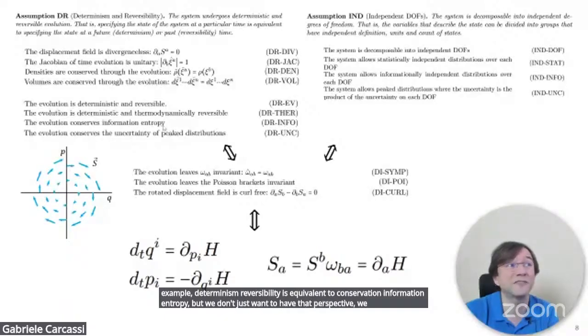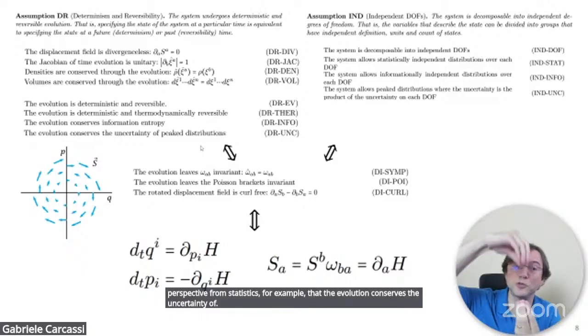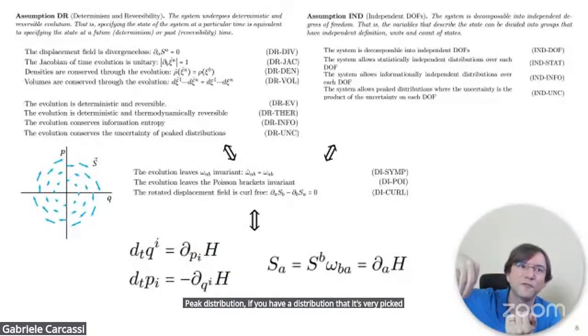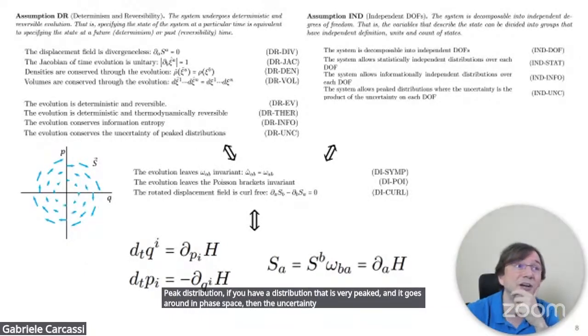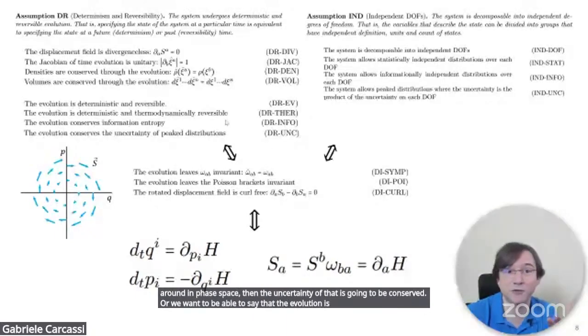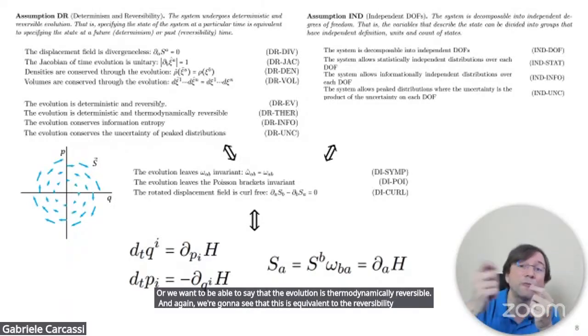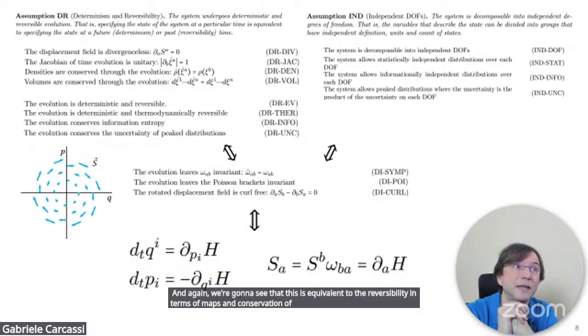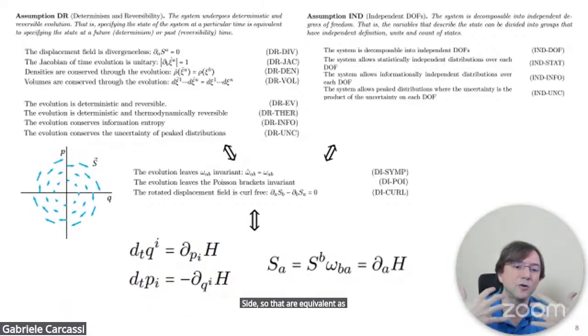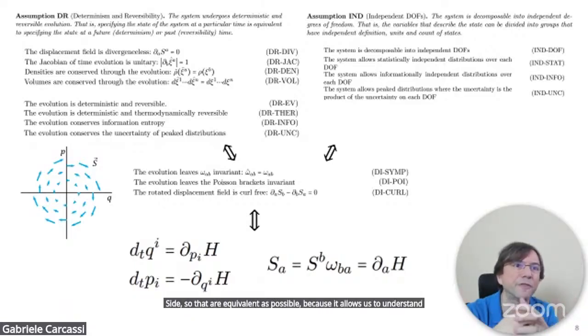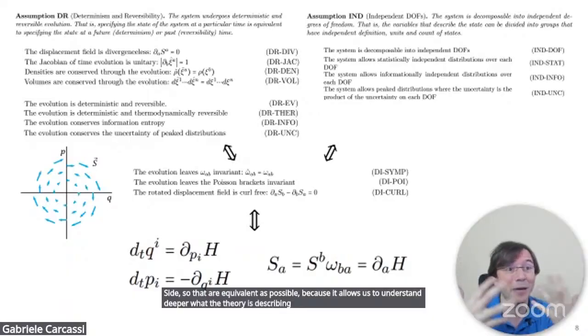We want to have a perspective from statistics, for example, that the evolution conserves the uncertainty of a peaked distribution. If you have a distribution that is very peaked and it goes around in phase space, then the uncertainty of that is going to be conserved. Or we want to be able to say that the evolution is thermodynamically reversible. And again, we're going to see that this is equivalent to reversibility in terms of maps and conservation of the number of states back and forth. So it's very important for us that we have as many equivalent insights as possible, because it allows us to understand deeper what the theory is describing and have a better understanding of what's going on.